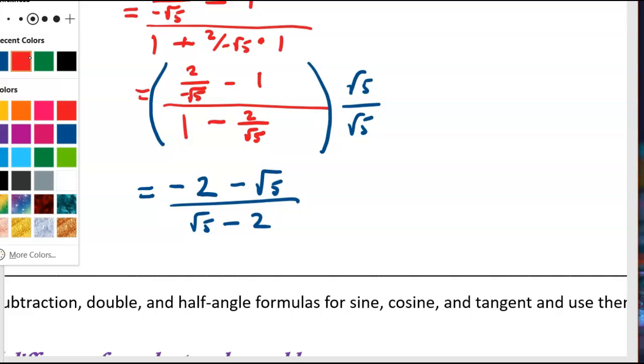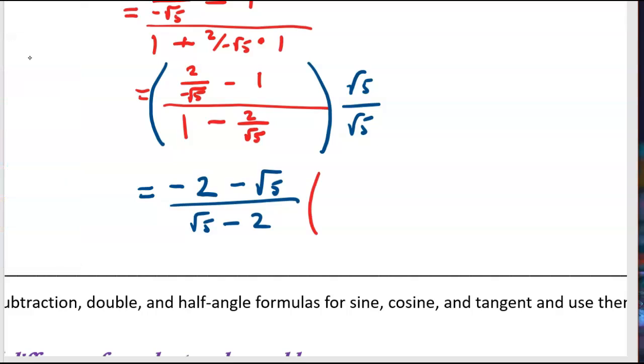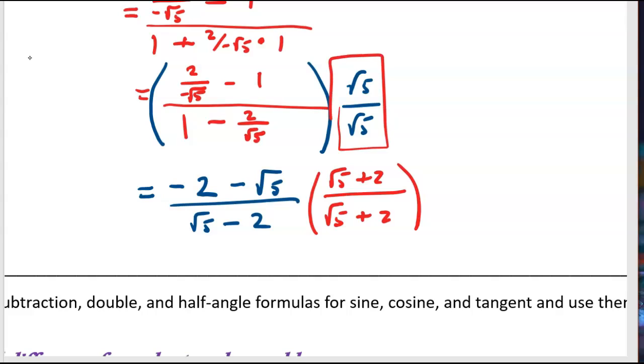Now I'm not using the convention when I write this, but that's okay. For the conjugate, the key is that you want the signs to alternate. So instead of root 5 minus 2, I'm going to write root 5 plus 2. That will get the job done. Just to be clear, we took this value and multiplied by root 5 over root 5, which is multiplying by 1.